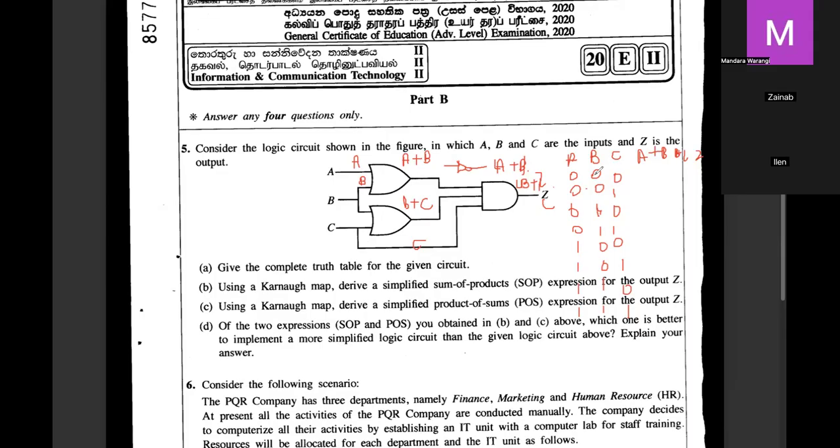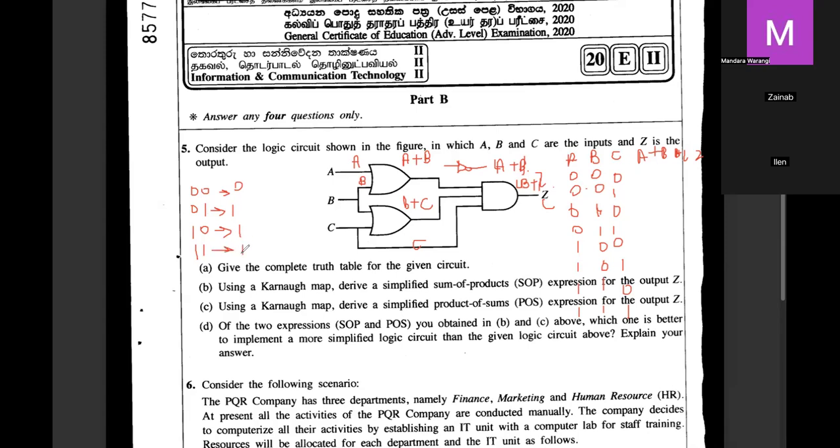In A OR B, in order to get the output as 1, what should be the two input combinations? In an OR gate, if it is 0 and 0, then the output is 0. If it is 0 and 1, the output is 1. If it is 1 and 0, the output is 1. If it is 1 and 1, it's 1.